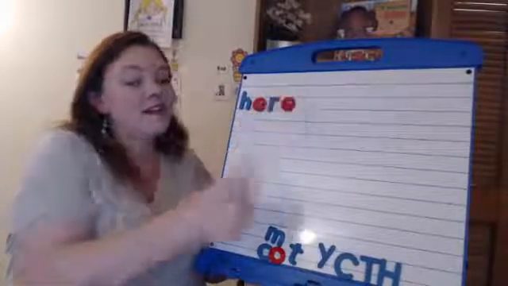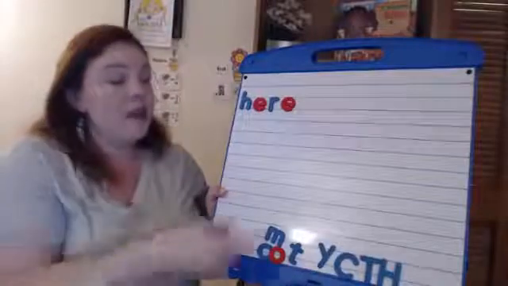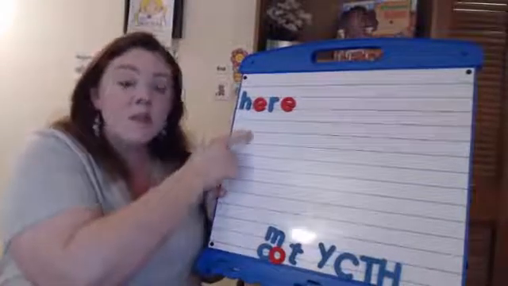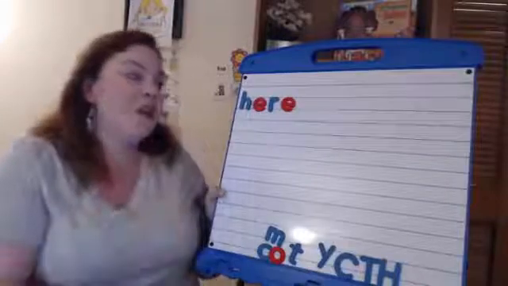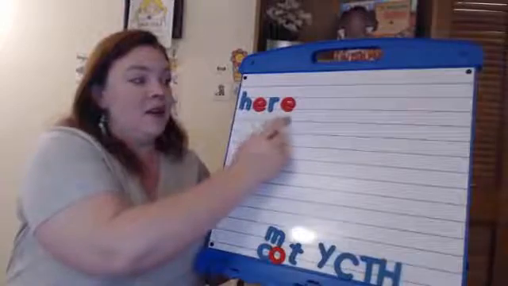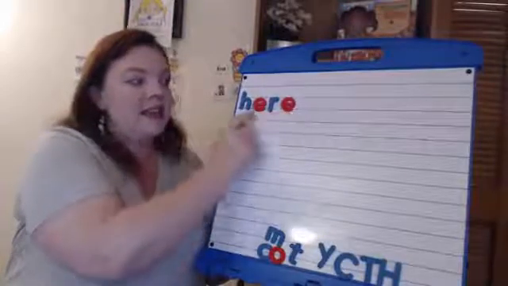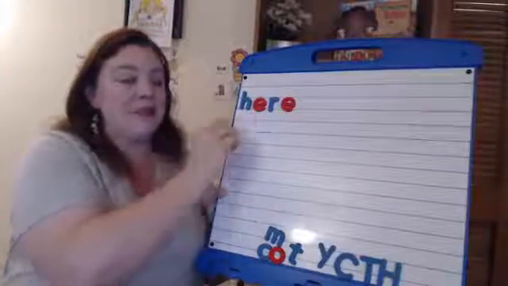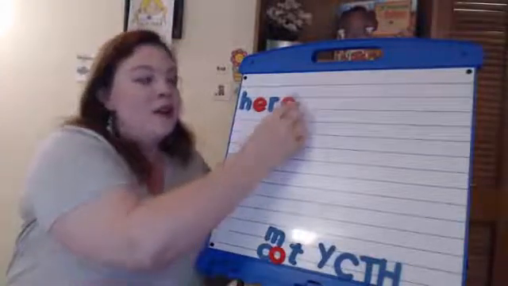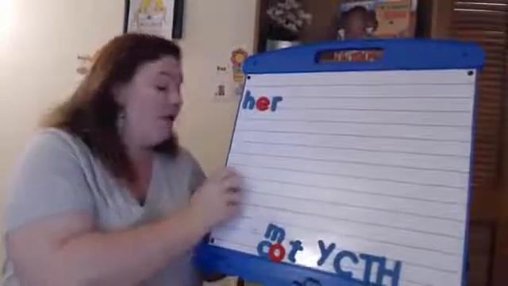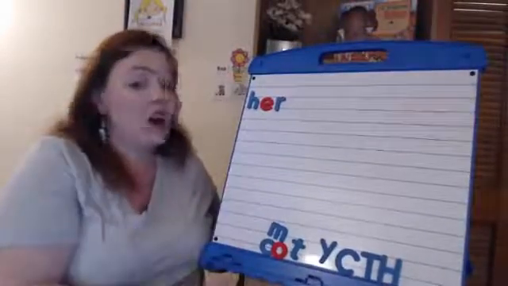Here. Now, yesterday when we talked about the word come, the sneaky E on the end didn't follow the rules and made the O say its name. But this sneaky E does follow the rules. This sneaky E makes this E say its name. You hear that E sound? You have to have that sneaky E on the end, because if you take that off, we've actually made another word, her.